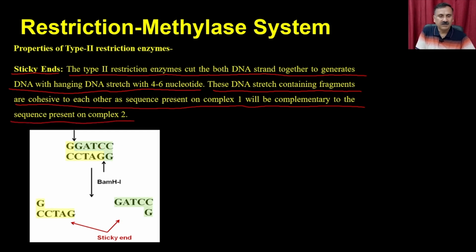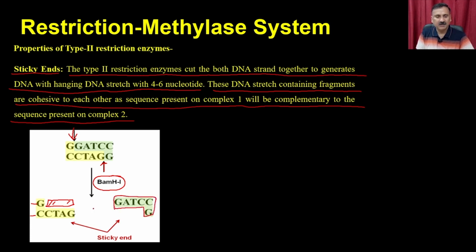For example, this is the site for BamHI. So what it's going to do is cut here, just after the G, right? So it's GGATCC. When you cut it with BamHI, it is going to generate these sequences. It's going to generate a G and then this overhang. This overhang region is going to have affinity for the overhang present in the other sequence.